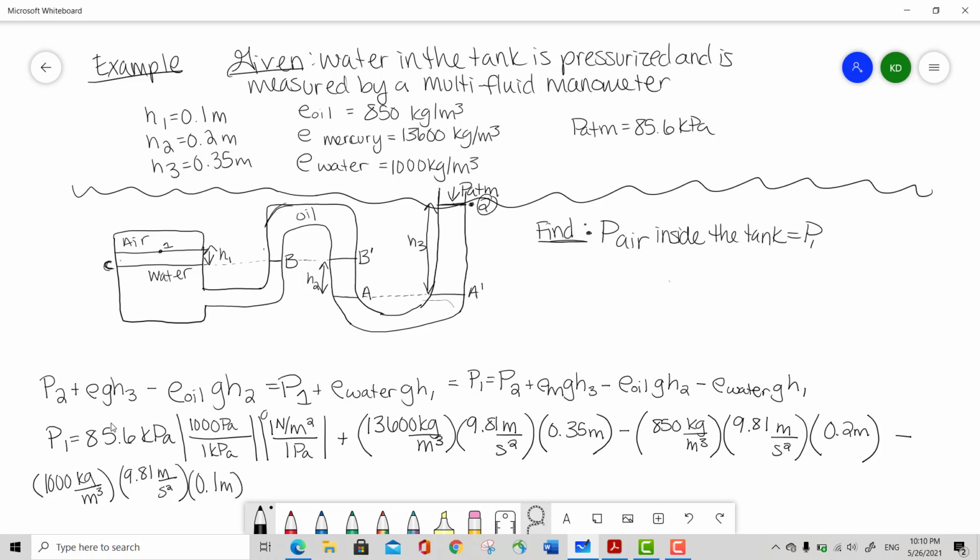When you calculate all of that, you get 647 pascals or 9.6 kilopascals. Then we box in our answer.